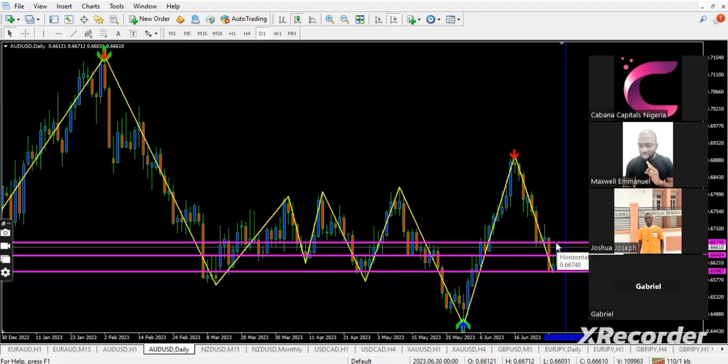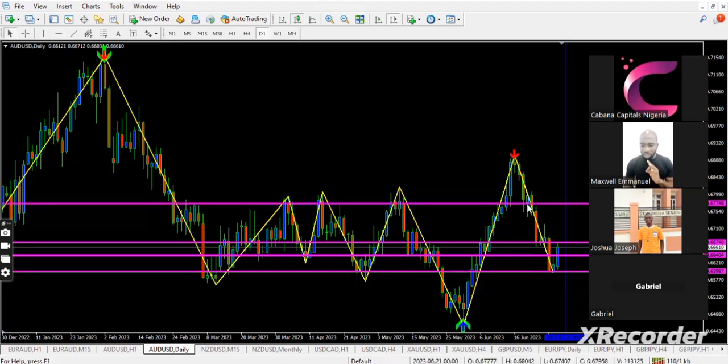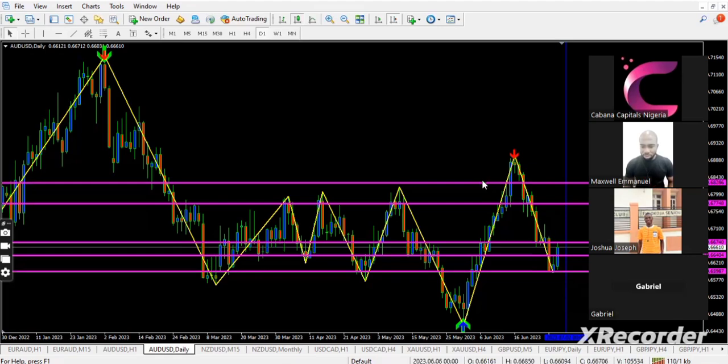If this resistance is broken, it will chase the next support zone resistance. If it breaks this level, then it could get to this fair value gap.